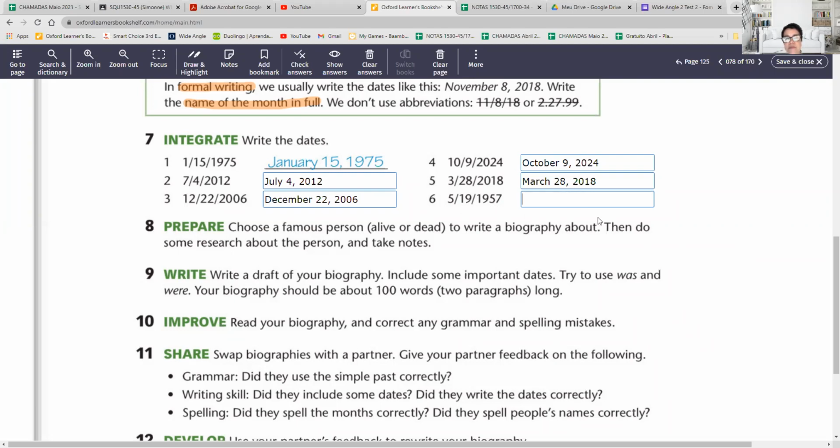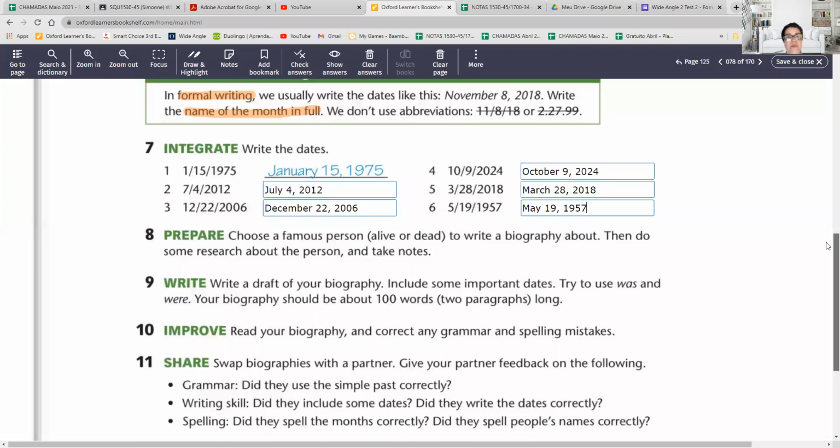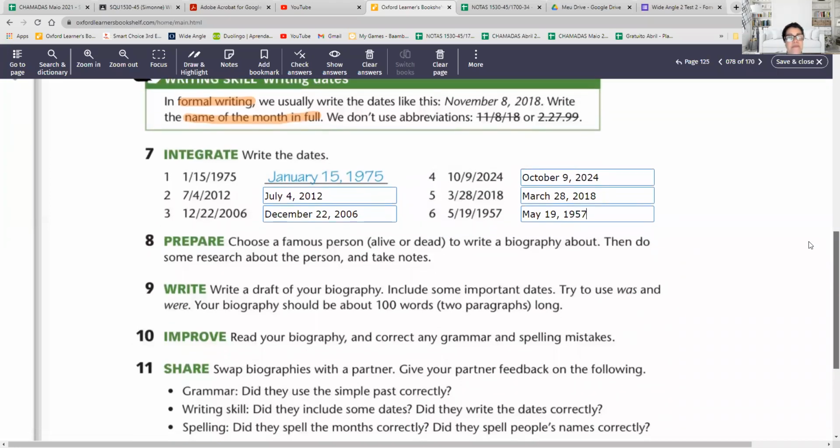The next one, May 19th, 1957. May 19th, 1957. Okay, guys, so it's simple. There's no big deal. So let's check the answers. Yes, everything okay.